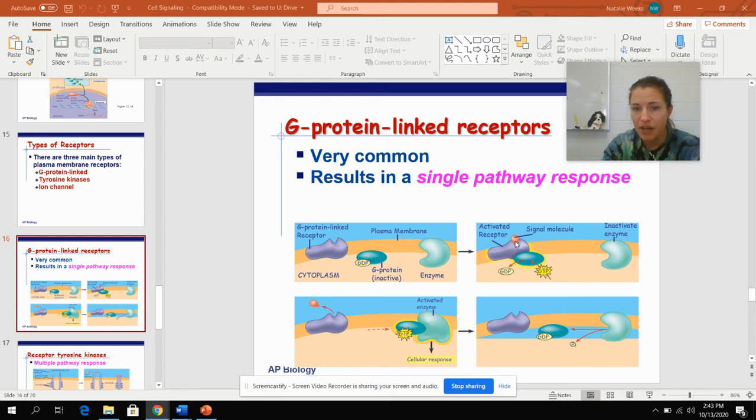The receptor links, this G protein gets activated, it goes over to activate the enzyme to do some sort of cellular response. Okay, that's all it is. This is our secondary messenger inside.